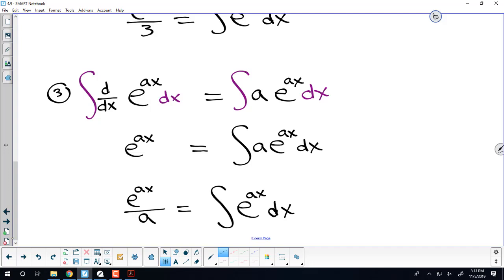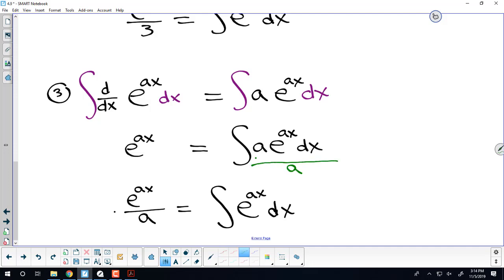Yes. But then in the next step, are you taking the antiderivative again? This step here or this step here? The second. No, we said that we took the antiderivative of the derivative equation. And so the antiderivative of the derivative just canceled out, and we just left this as it is. The third step is when we divide through by a.